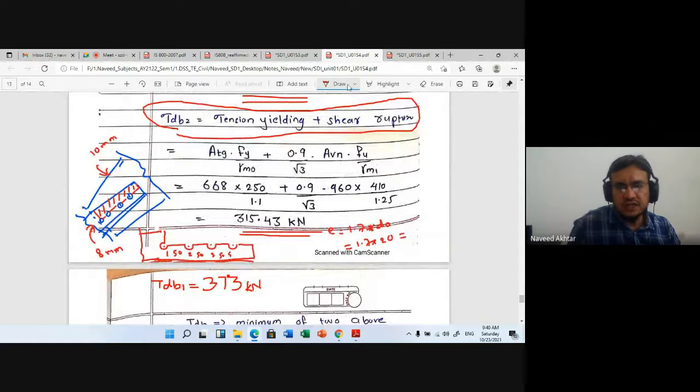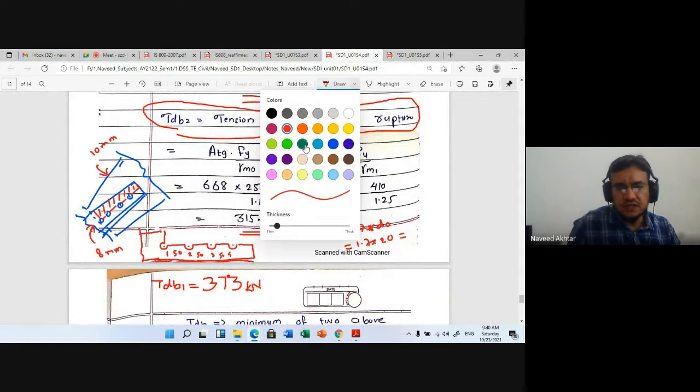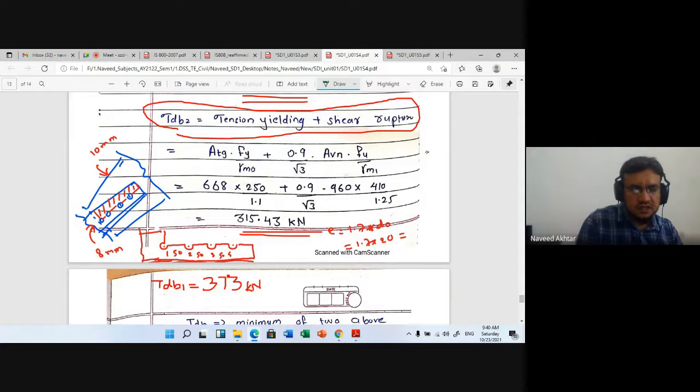Here you can see that there are two types of failure. If I say that this plane is for tension failure, and another plane, if I show it with another color, there is a shear failure.